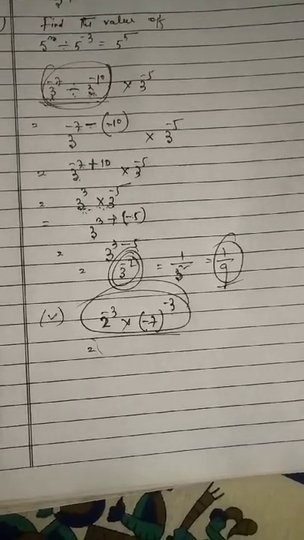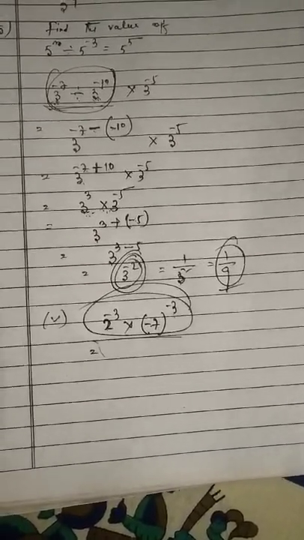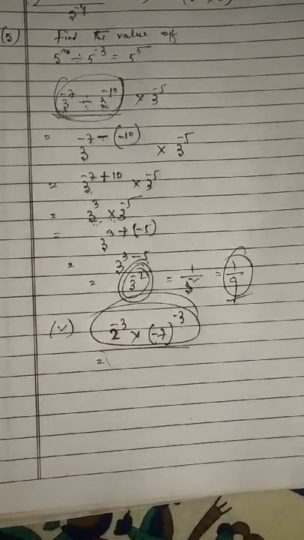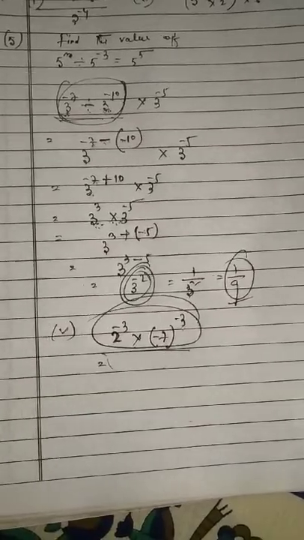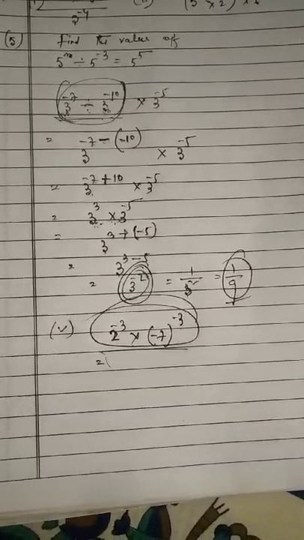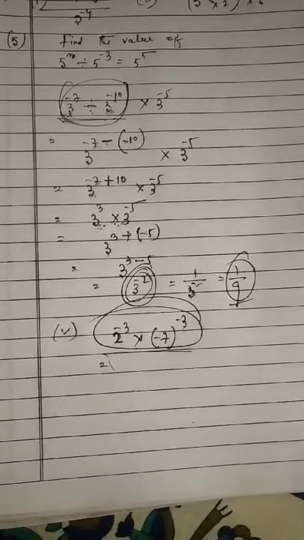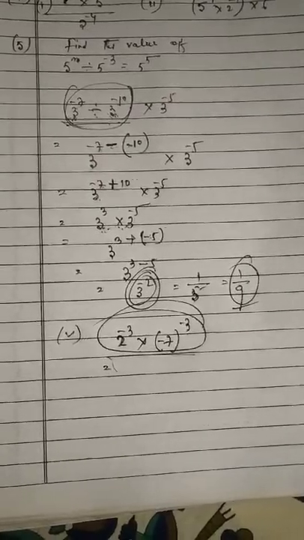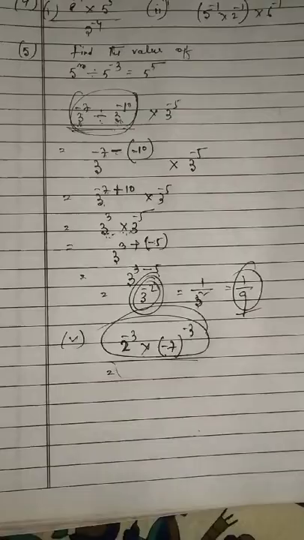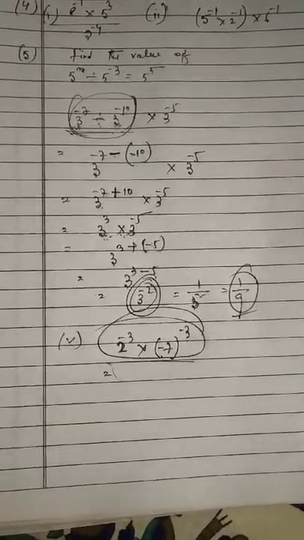They had same bases, different powers, but they were in a division relationship. But here in this particular question, as we can see, they have the same power, different bases, and multiplication. So there are some certain differences.